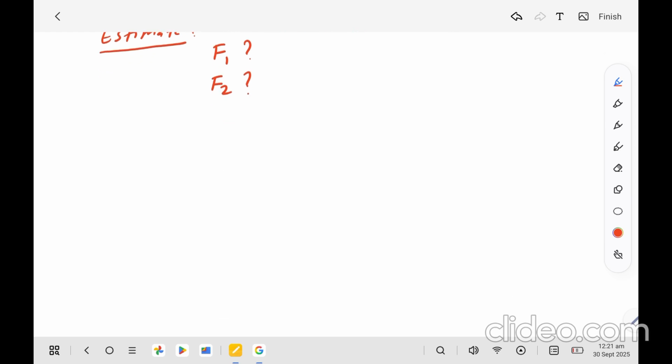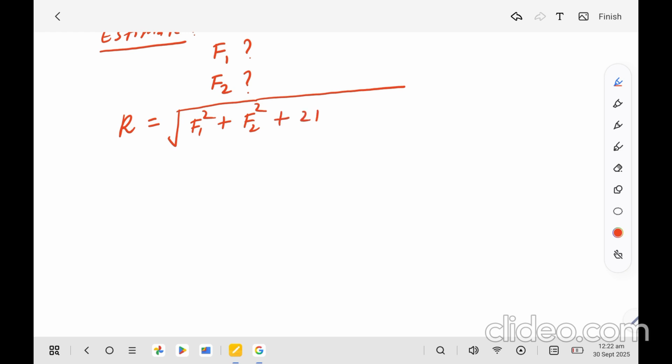So first we write the formulation of law of the parallelogram. So we know that the resultant force R can be written as root of F1 square plus F2 square plus 2 F1 F2 cos theta.